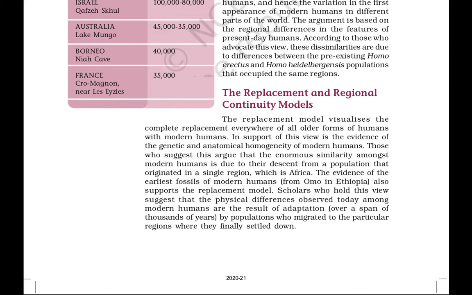The evidence of the earliest fossils of modern humans from Omo in Ethiopia also supports the replacement model. Scholars who hold this view suggest that the physical differences observed today among modern humans are the result of adaptation over a span of thousands of years by populations who migrated to the particular regions where they finally settled down.